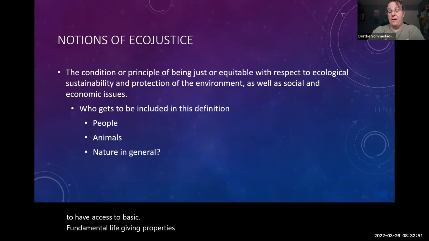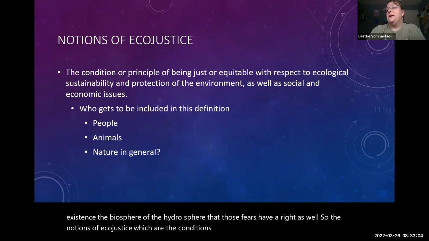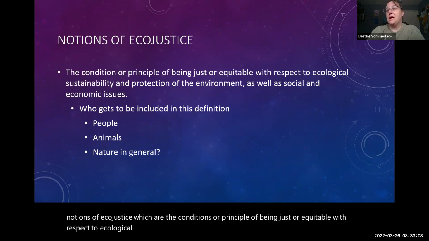We talked about those different spheres of existence, the biosphere, the hydrosphere, and that those spheres have a right as well. So the notions of eco-justice are the conditions or principle of being just or equitable with respect to ecological sustainability and protection of the environment, and also how that is linked to social and economic issues.